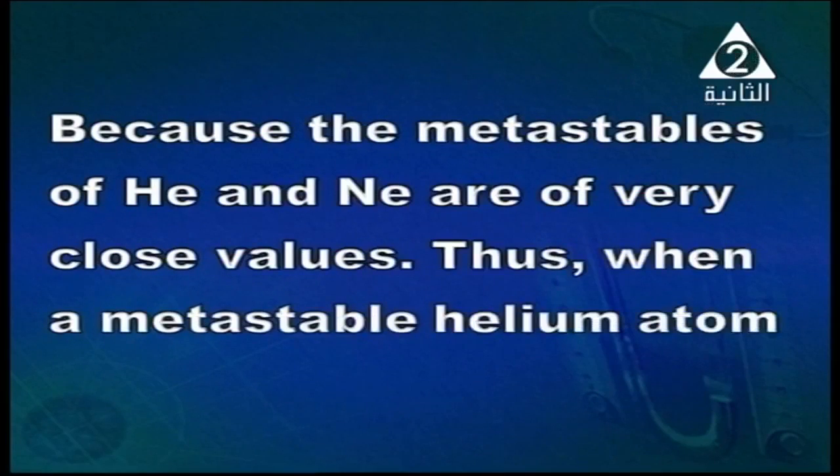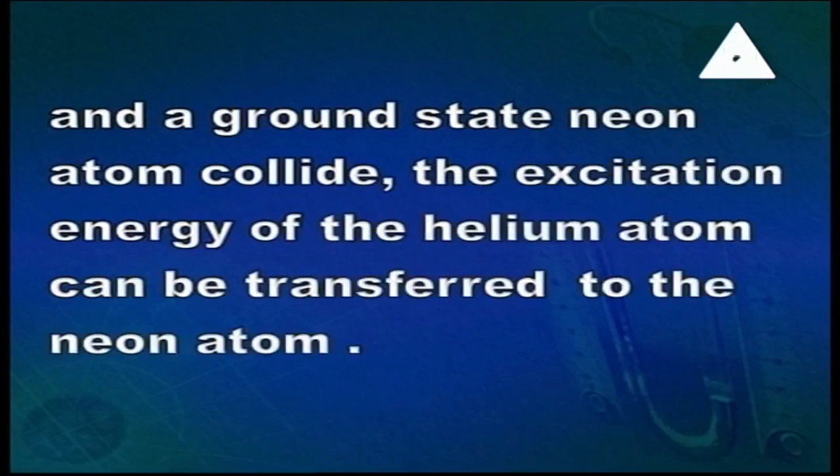Because the metastable energy level of helium and the metastable energy level of neon are very close to each other. Thus, when a metastable helium atom collides with a ground state neon atom, the excitation energy of the helium atom can be transferred to the neon atom.